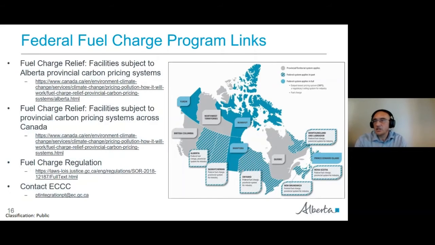On this slide, I would like to provide some of the links to the federal fuel charge program. As you know, the Alberta aggregate program is very closely related to the federal fuel charge program, and this slide only provides the links to that with more information.